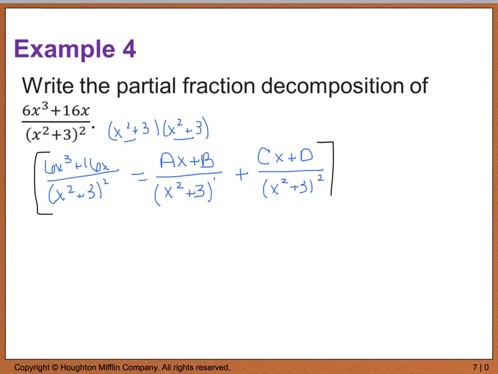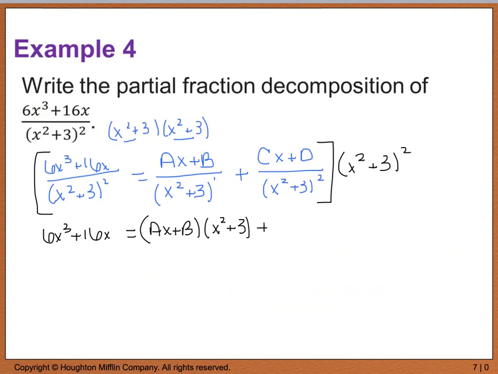I'm going to take all of this, multiply it by my common denominator of x squared plus 3, the quantity squared. That gives us 6x cubed plus 16x equals ax plus b, and only one of those is going to cancel, so then I have x squared plus 3, and I'm going to add that to cx plus d.